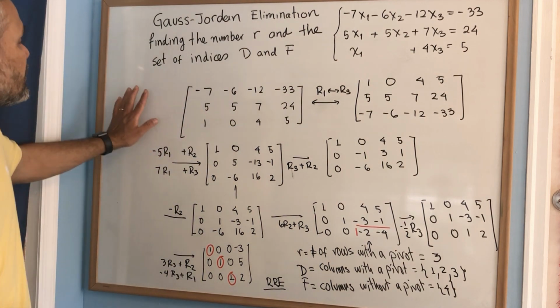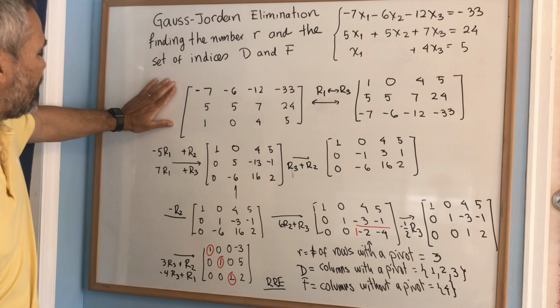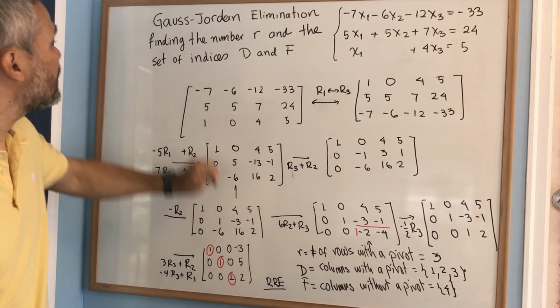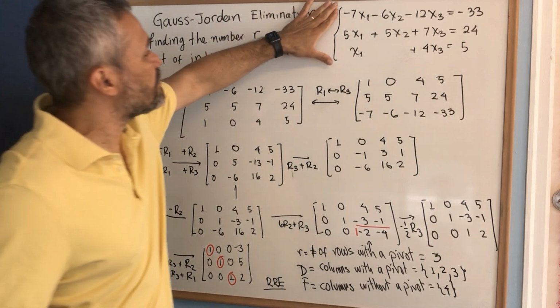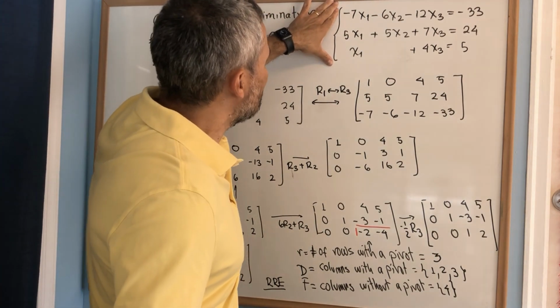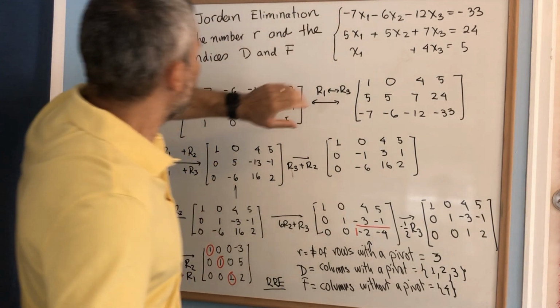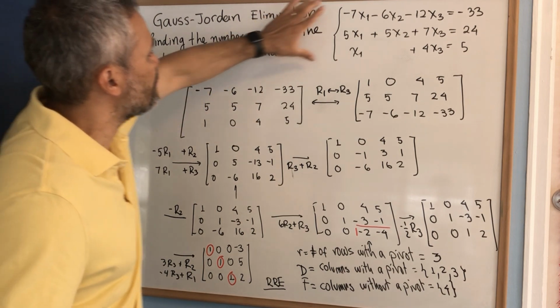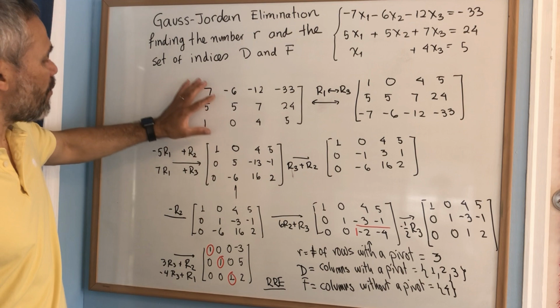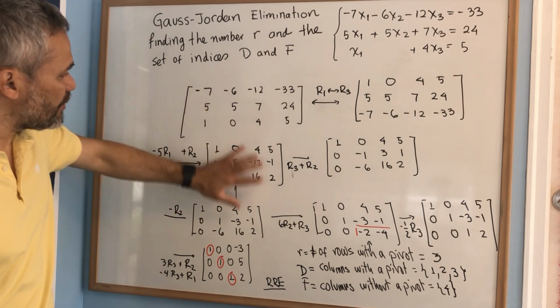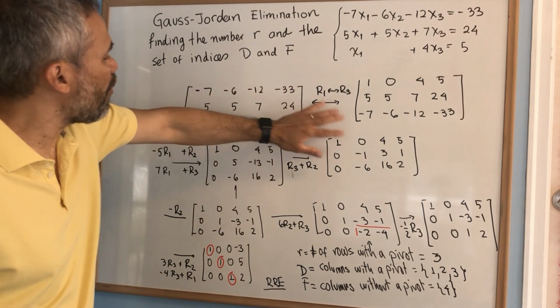Okay, this is about doing the row reduction using the Gauss Jordan. But let's suppose that we were interested in solving the system. If we are interested in solving the system, we know that this is the augmented matrix of this system.